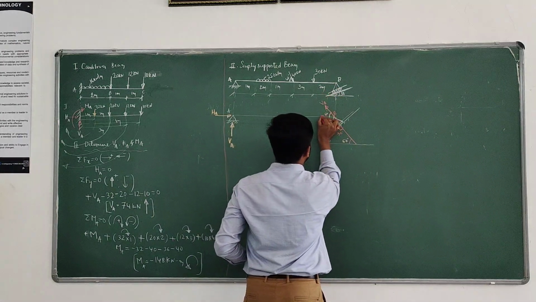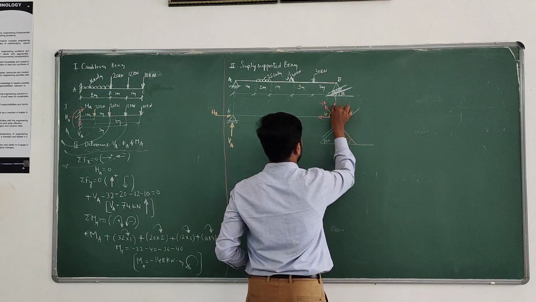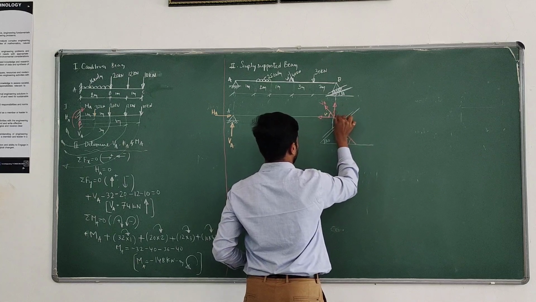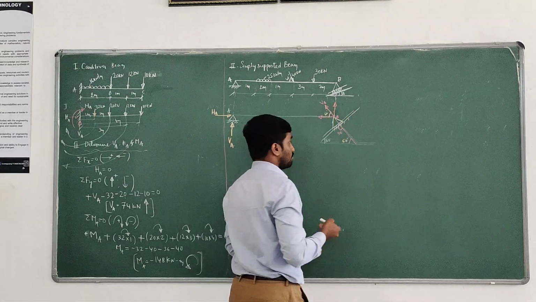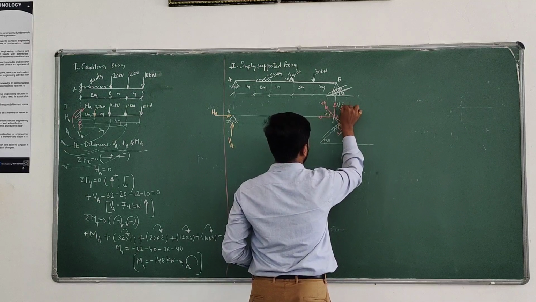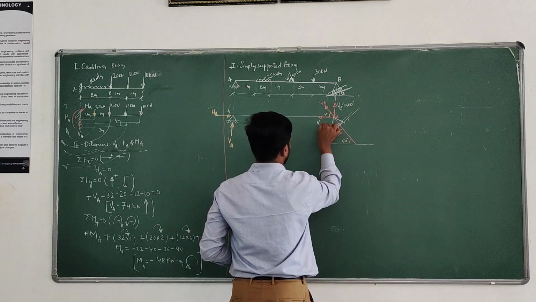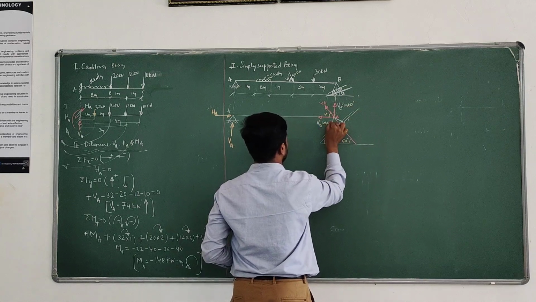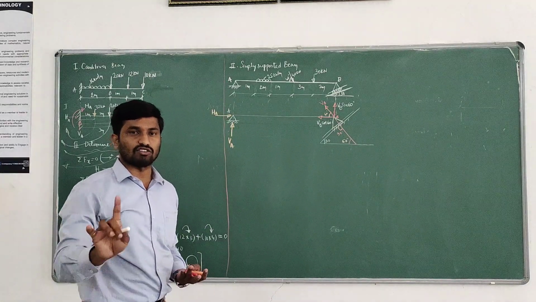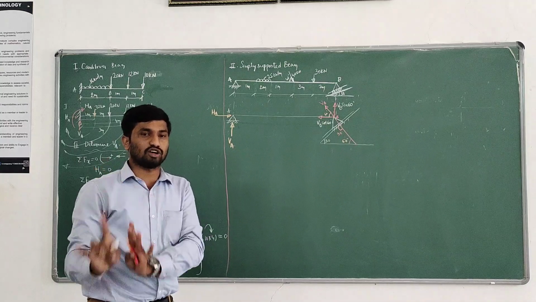Here is an inclined support, right? So resolve this. When we resolve, we get VB sin 60 and VB cos 60. Be careful when writing reactions at supports.